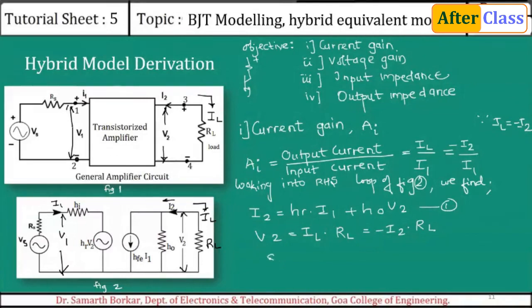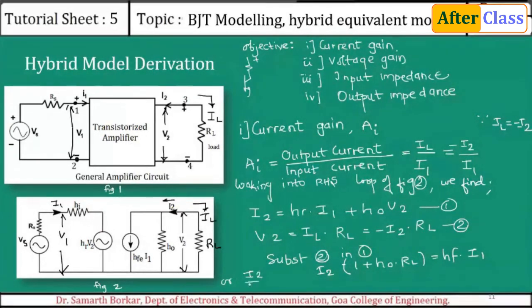So substituting 2 in 1, we get I2 into 1 plus HO RL equals HF into I1, or I2 by I1 equals HF upon 1 plus HO RL.